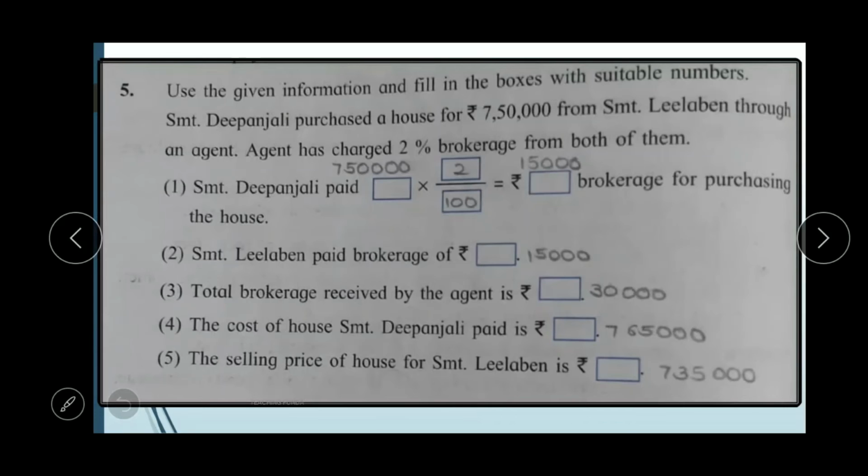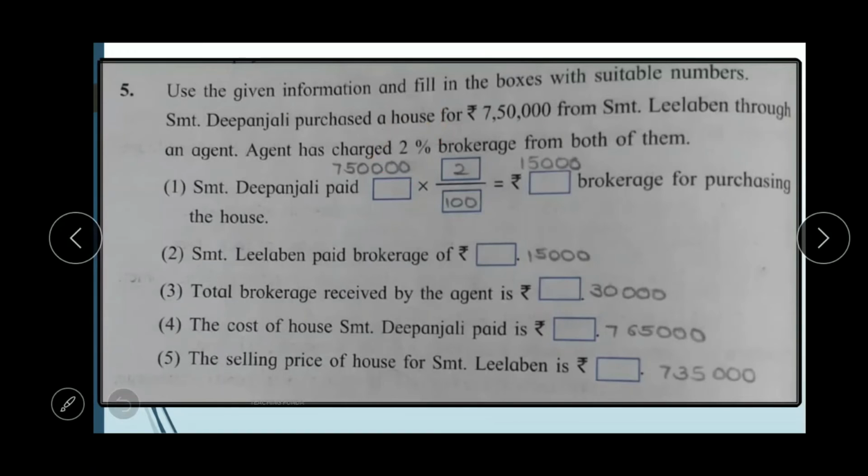As these boxes are very small and there was not sufficient place to write, I have written outside the boxes. Okay, first question. Smt. Dipanjali paid how much brokerage? 7,50,000 into 2 upon 100.